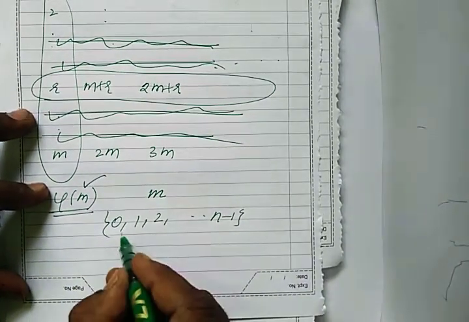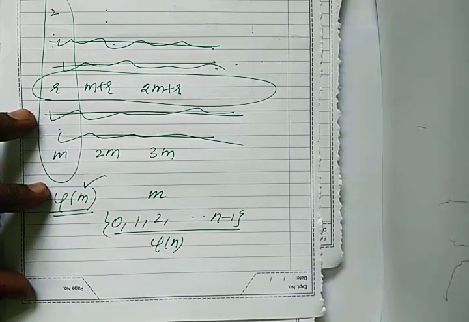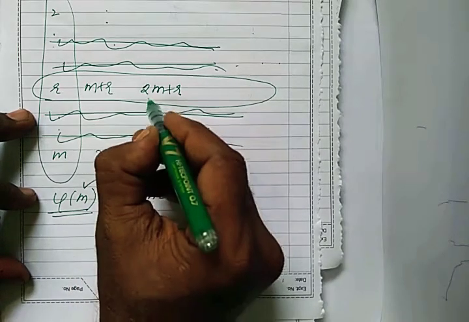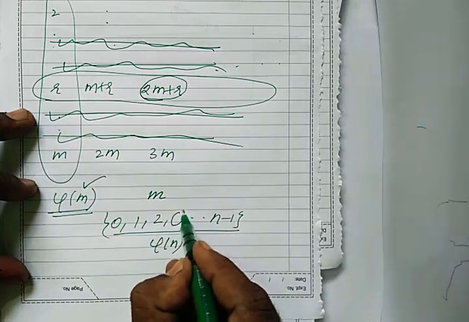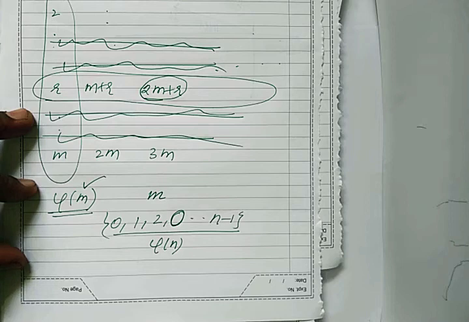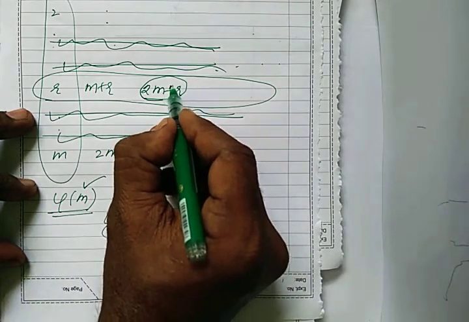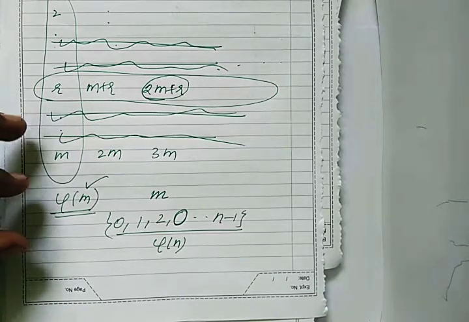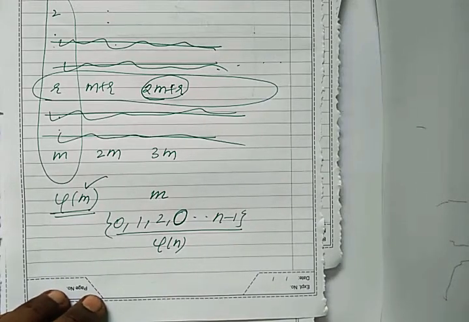Among these n numbers, only phi of n numbers are relatively prime with n. Suppose when I divide this number by n, I get a remainder which is not relatively prime with n. Then this number also will not be relatively prime with mn. Why? You verify that one.